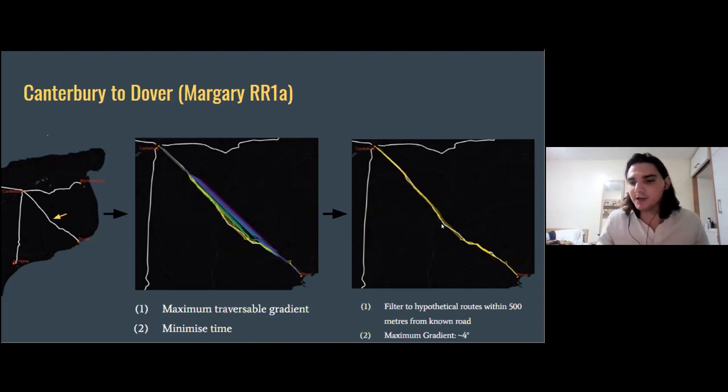So that has a bias already. And by having this filter within a certain buffer, so this 500 meters, for example, we're not trying to get an exact answer, but an approximation. In the case here, the maximum gradient is around 4 degrees, but it does vary. There, you might be able to see, there are multiple routes that are within the 500 meters.